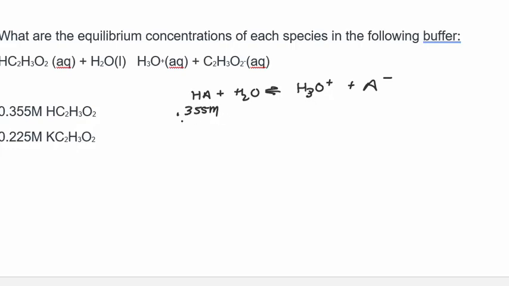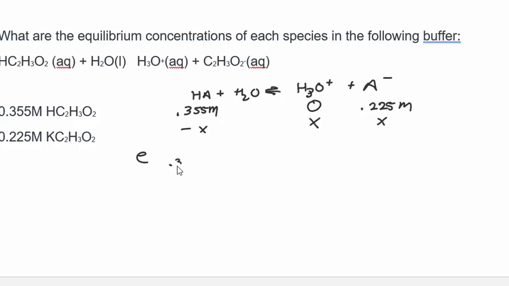So I'm going to remove some amount of my weak acid and I'm going to add some amount of hydronium and conjugate base. Now I know that this is the way that my buffer is going to go because I started with no hydronium ion. And because I started with no hydronium ion, I can only add to it. I can't take it away. So at equilibrium, which is what we're concerned about, we have these concentrations for our species.